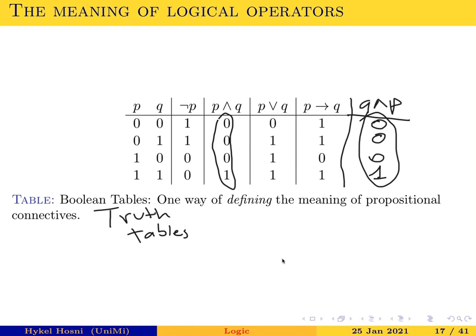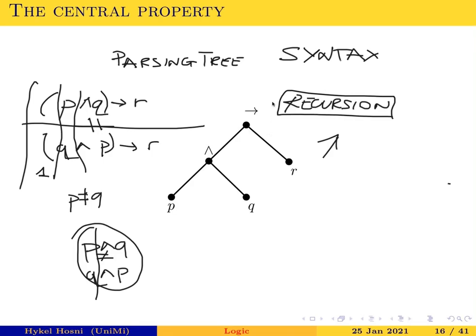So this is the second half of the key thing about elementary logic. The first one is that your language is completely unambiguous. There's no ambiguity. And the reason why you have no ambiguity is that this is unique.